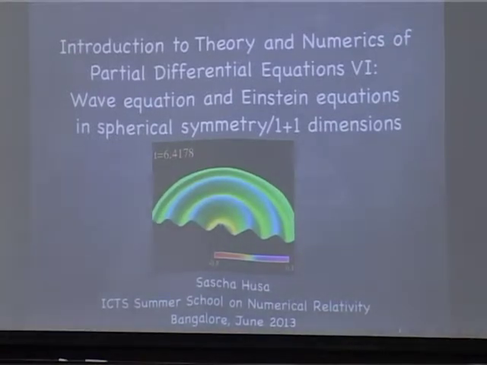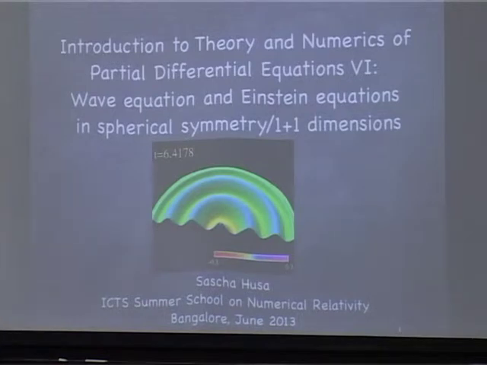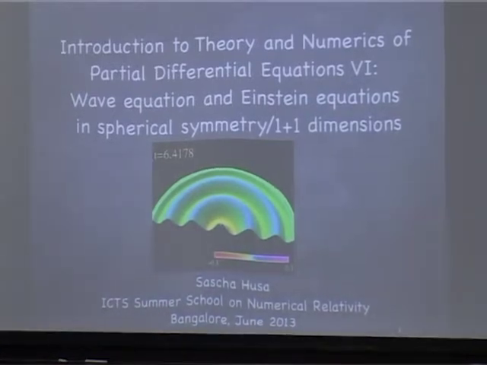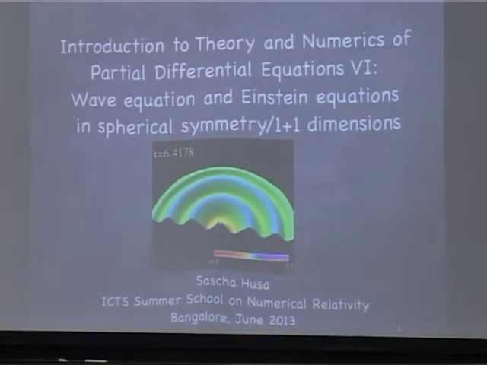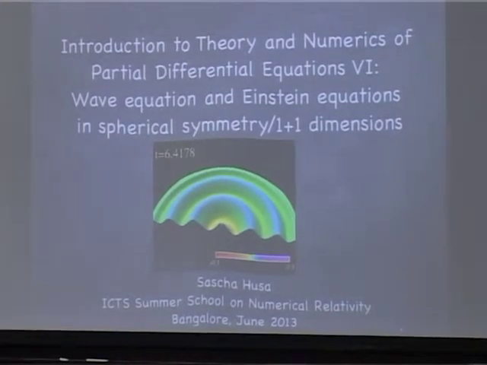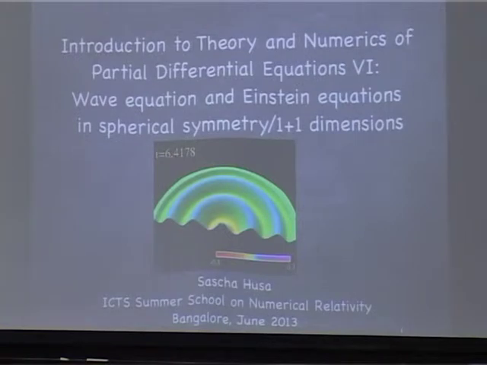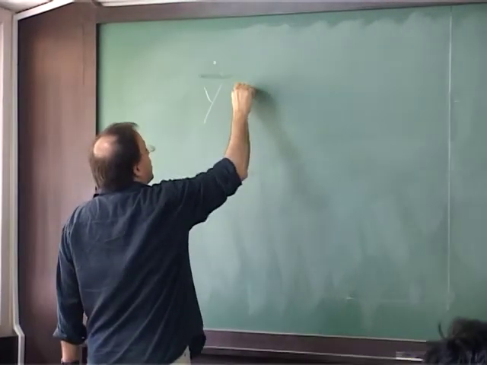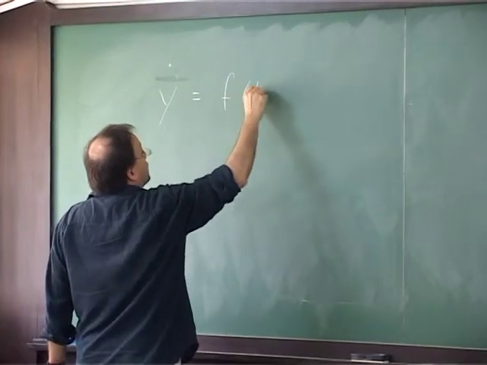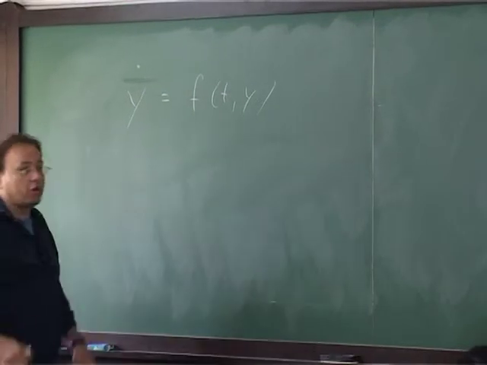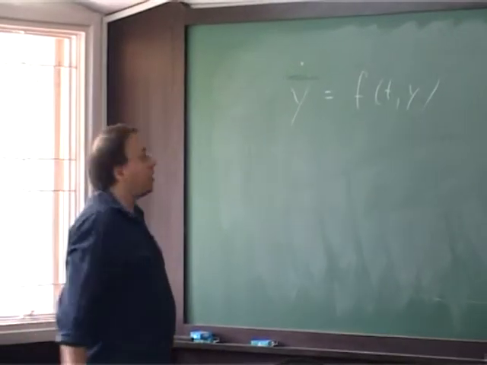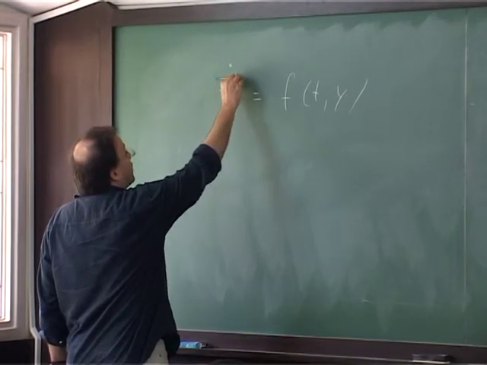The basic mathematical algorithm is to evolve coupled ordinary differential equations. We talked about this before. If y dot equals f of time and y, and you coded all that up and it worked fine, then we said, okay, let's now make y a vector.